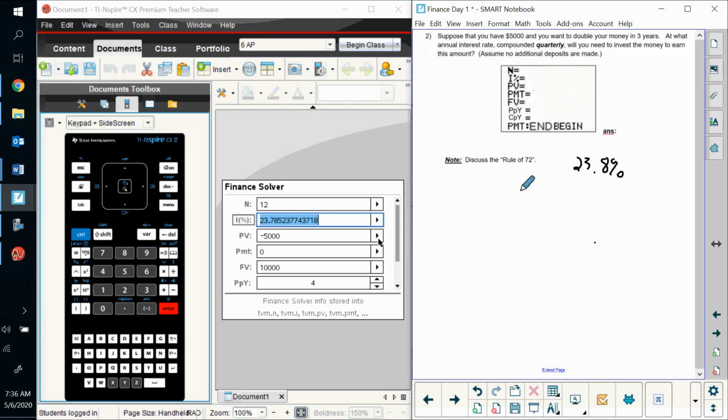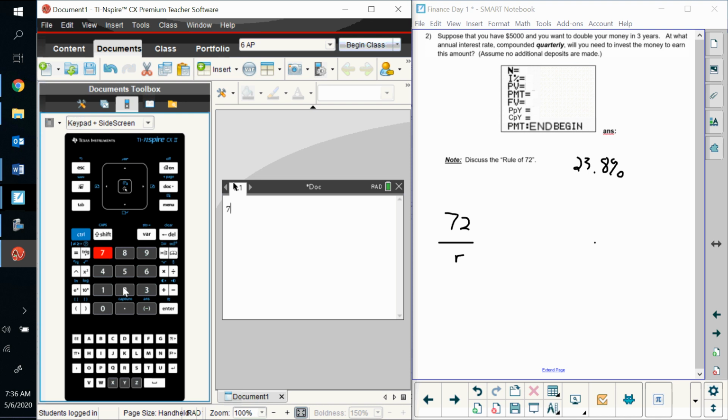Now there's something in finance that's called the rule of 72. So the rule of 72 is a rough way to estimate the doubling time. So what you do is you take 72 divided by the interest rate. We'll call it R for a second.